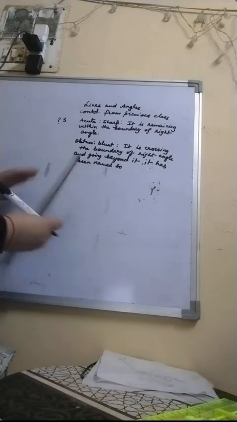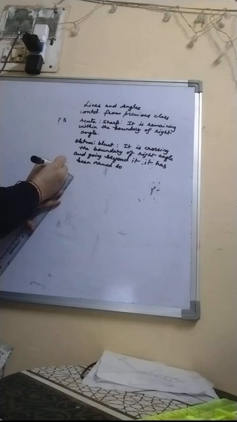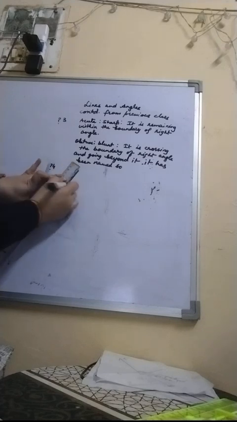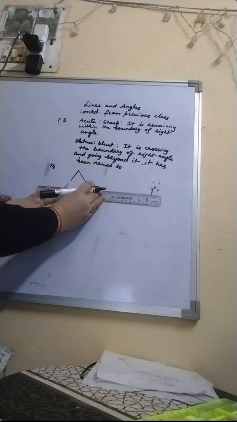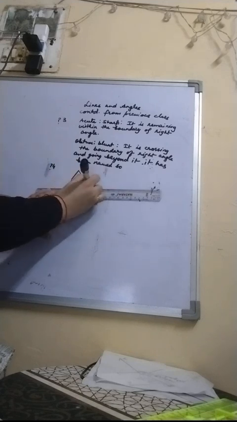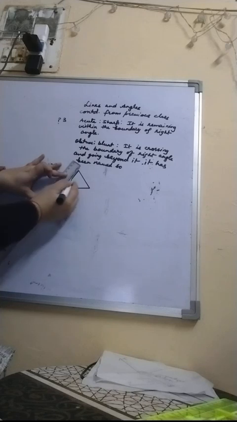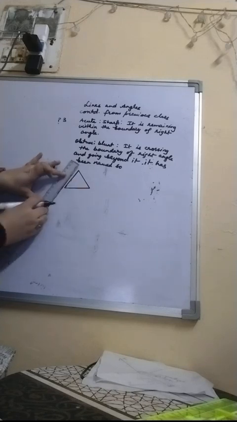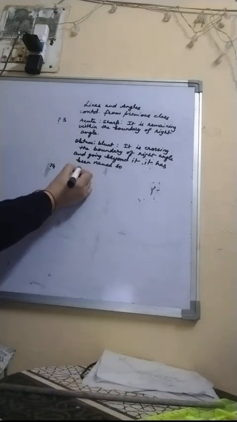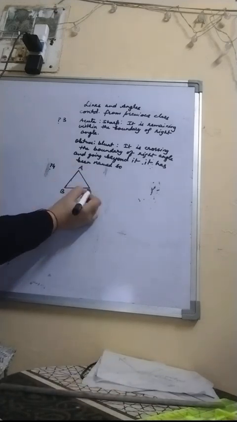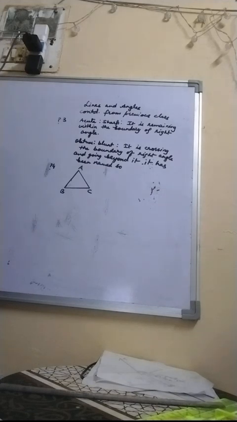Now question number 4. Find out the number of acute angles in each of the following figures. So let's see the figures. First figure, like this. So how many acute angles can you see? If I name A, B, C. Now this is a very important question.